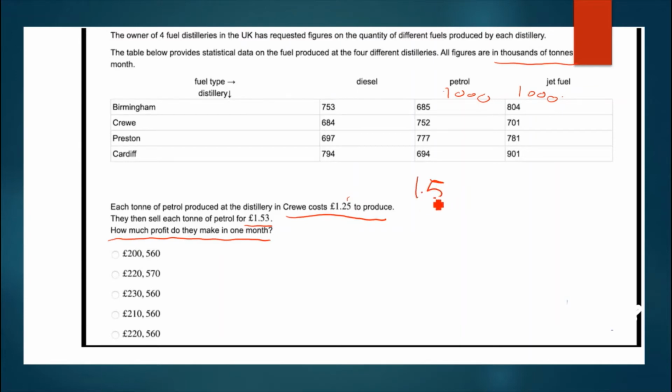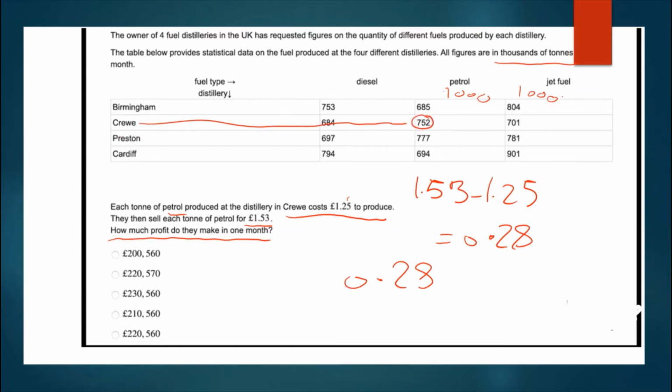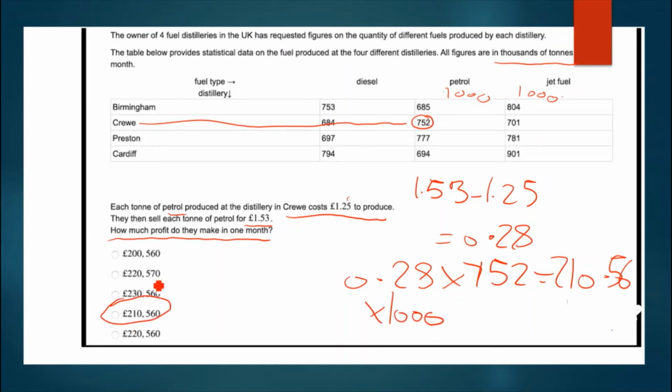It's much easier to just do 1.53 minus 1.25, which gets me 0.28, and then I can just simply times that by, because it's petrol produced in the Crewe, I find Crewe and petrol, that's 752, times that by 752, and I would get 210.56, and then I simply times that by 1,000, which would give this as the correct answer.